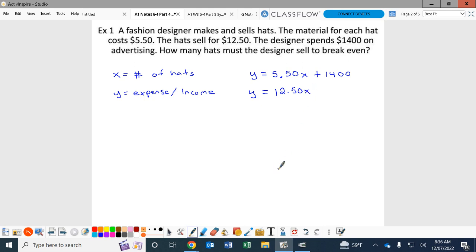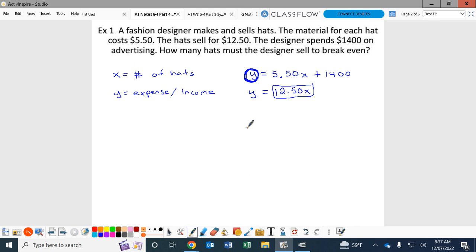Now, in order for you to break even, the money going out has to equal the money going in. So these two amounts need to be set equal to each other. But guys, do y'all see it's so easy because they're both Y equals? So you're just going to put a box around one. It does not matter which one you put a box around because they're both Y equals. I'll put it around this one, and I'm going to plug it in where the Y is in this problem so that I can set them equal to each other.